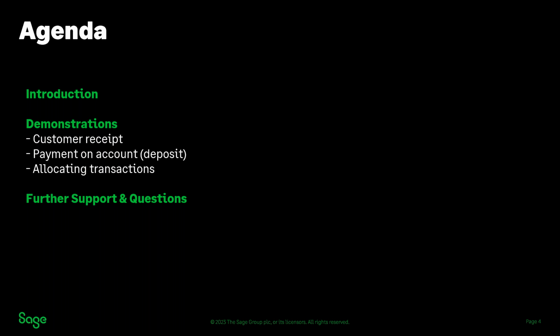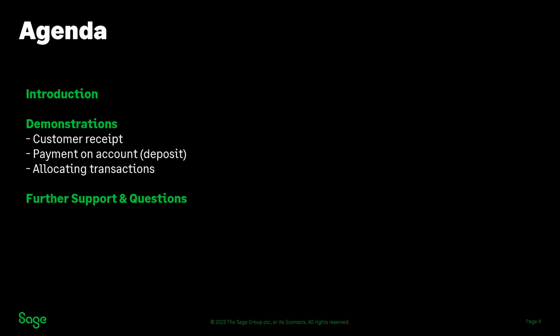Why can't I do this, or why aren't transactions clearing from the audit trail? It's because they're flagged as outstanding. So tidying up your system, matching transactions together, or allocating them as we would refer to it. We're going to cover that as well. At the end of the session we'll open up to questions, but also explain a little bit more about the additional support that's available to you.